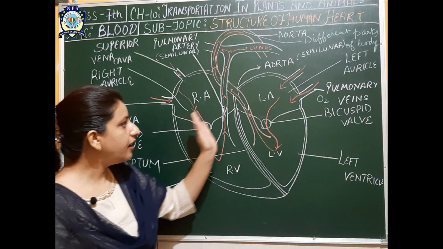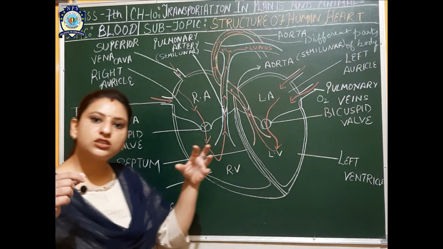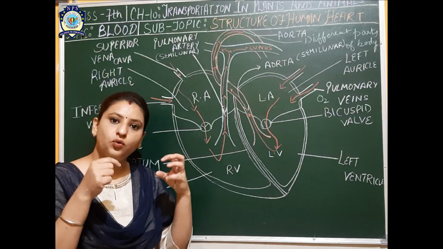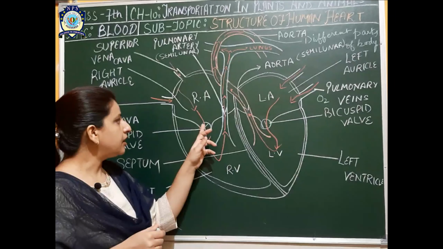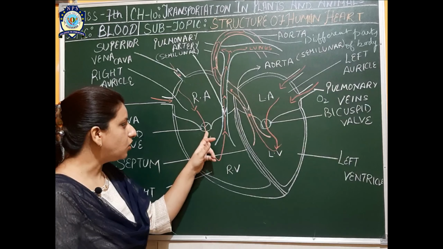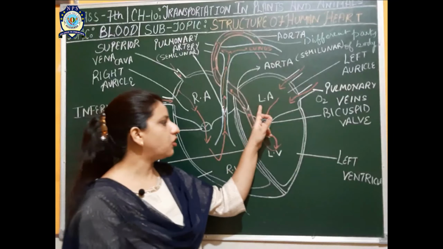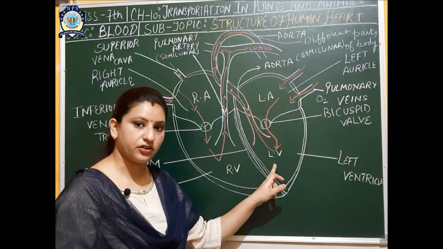Deoxygenated blood, and the left auricle is having what? Oxygenated blood. So they both start contracting at one time, and now at the same time the right auricle will pass its deoxygenated blood into the right ventricle, and the left auricle will pass its oxygenated blood to the left ventricle.